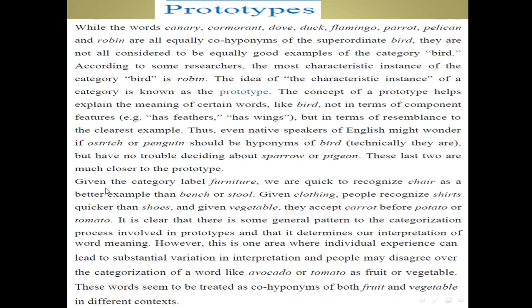Now, given the category label, for example, furniture, we are quick to recognize a chair as a better example than bench or stool. Given clothing, people recognize shirts quicker than shoes.